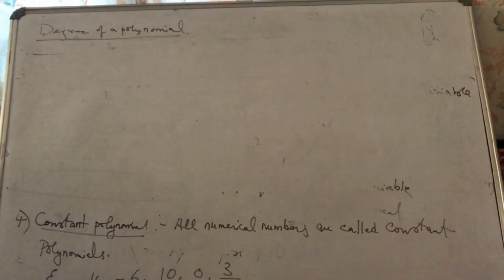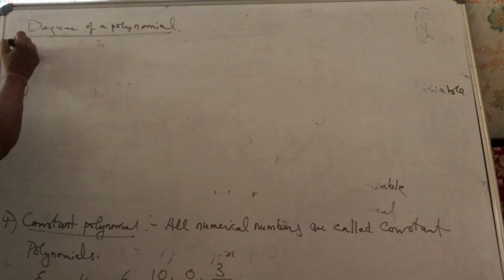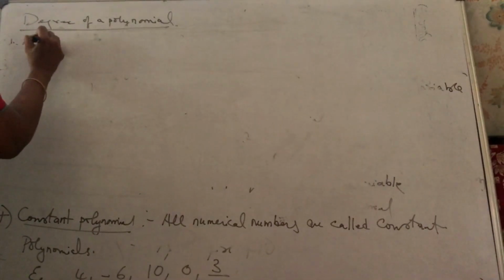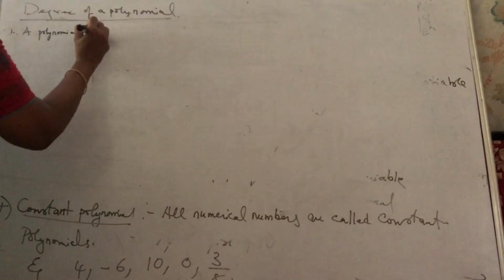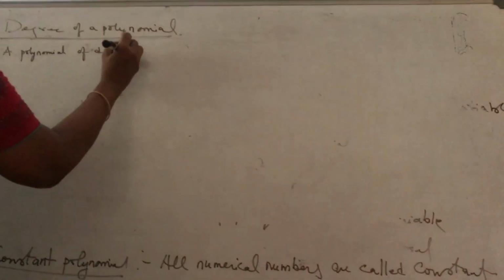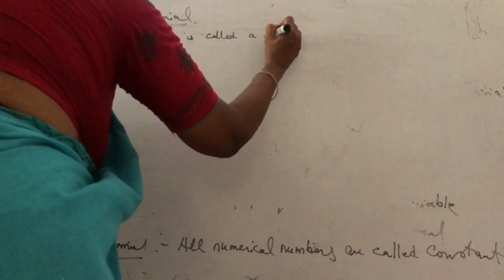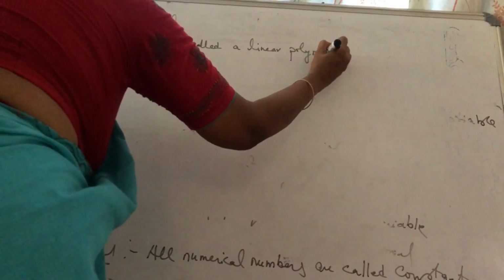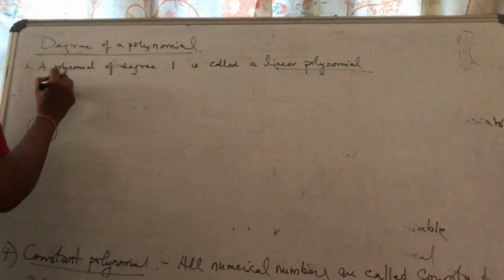The highest power of the variable is called the degree of the polynomial. A polynomial of degree 1 is called a linear polynomial.